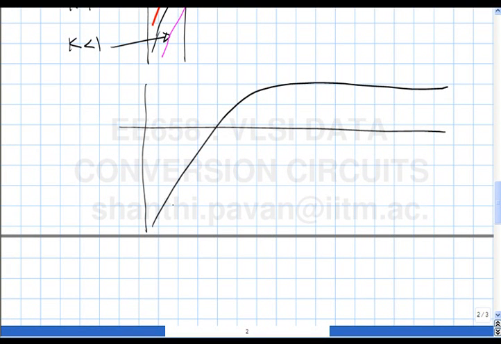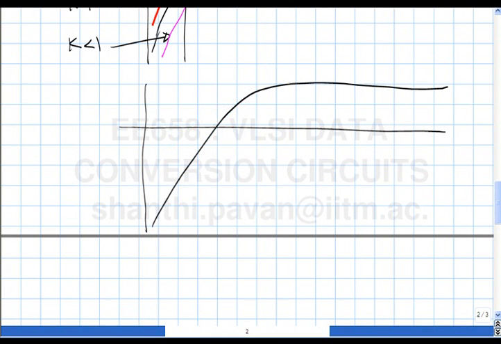The slope will become higher and higher for a high order modulator. For a first order modulator, the out of band gain is 2, so it probably would do something like this. As I go on increasing the order, this keeps falling sharper and sharper, which is why you are getting better and better in band noise performance. Is that clear?